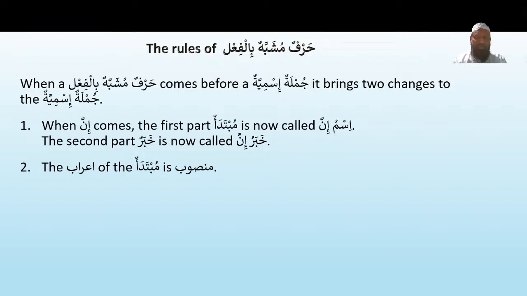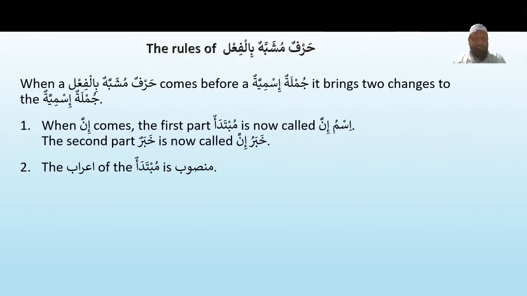In the last lesson, we learned about kana and laysa. So when kana and laysa come, the mubtada is called ismu kana and ismu laysa, and khabar is called khabaru kana and khabaru laysa. But when inna comes, mubtada is called ismu inna, khabar is called khabaru inna.